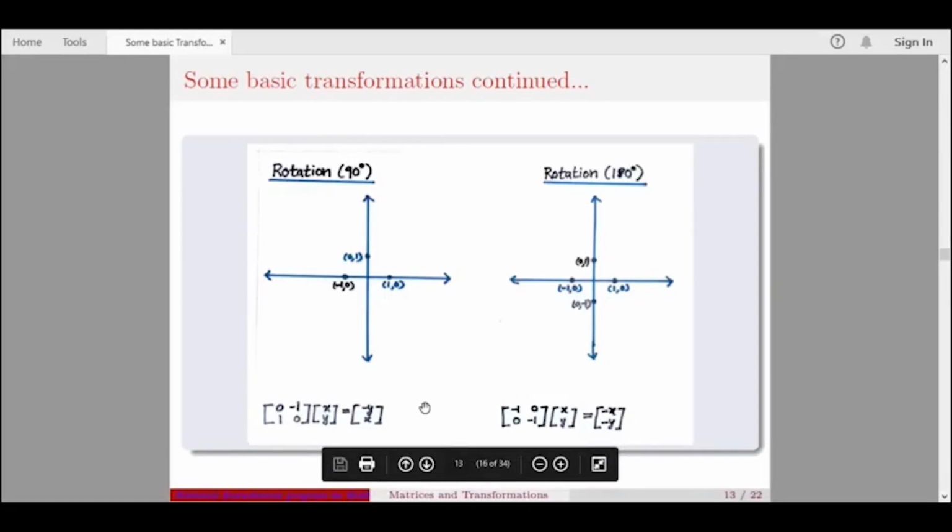So the second column I have written (0, -1). When you perform the multiplication here, you will get (-x, -y). So rotation of 180 degrees corresponds to the transformation P(x, y) = (-x, -y). Also, if you have a vector and you have to rotate it 180 degrees, you can simply pre-multiply that vector by this matrix, that is [-1 0; 0 -1].